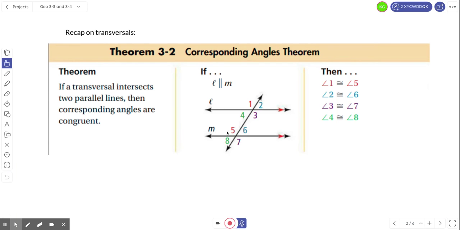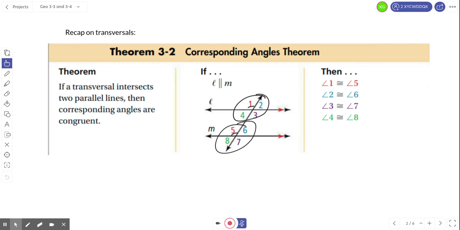if two lines are parallel, like L and M here are parallel, then a line is drawn across them, you get a whole bunch of corresponding congruent angles. So corresponding means they're in the same position. If you look at the top and the bottom intersections, 1 and 5 are both in the top left quadrant there.